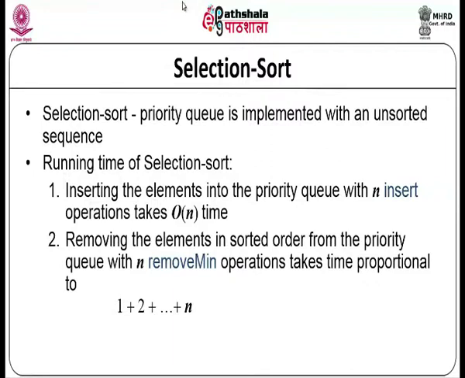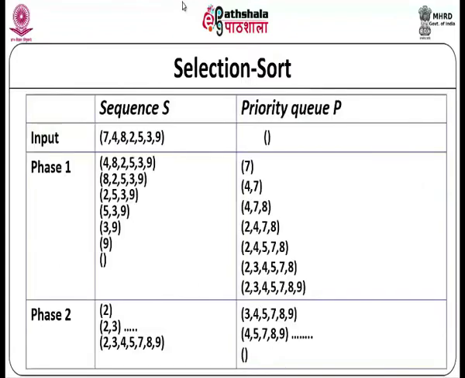So, the total time taken for remove min is 1 plus 2 plus up to n. So, approximately the selection sort runs in of the order of n squared, because insertion takes of the order of 1 for one element, of the order of n for n elements, and for removing it takes as many steps as there are elements. So, the order of n squared.